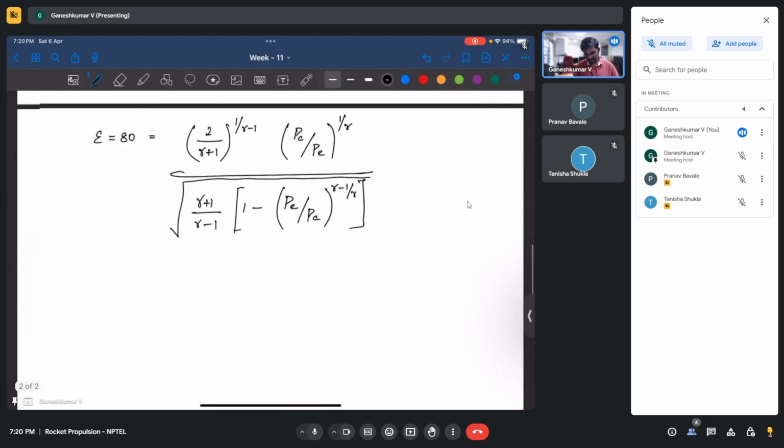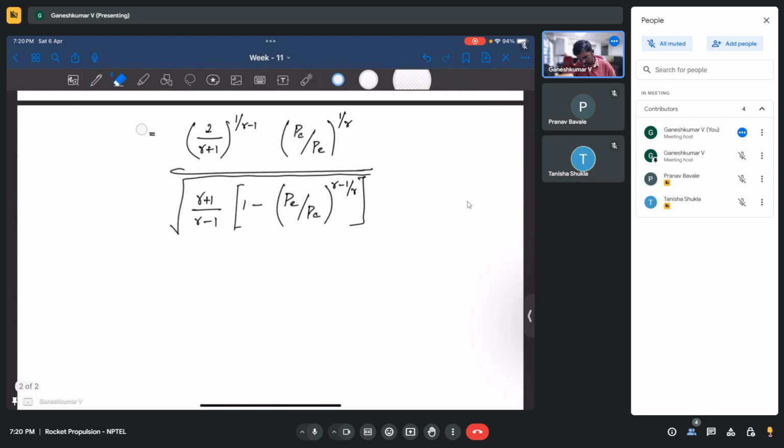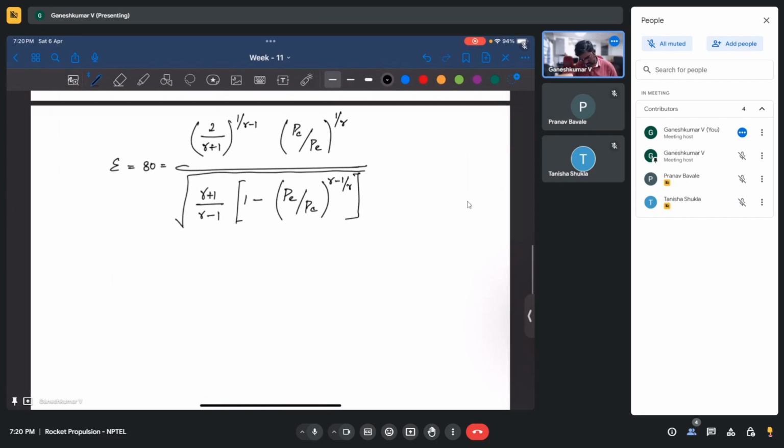So this is the relation for the expansion ratio, right? From here we can get Pc by Pe, or Pe by Pc.